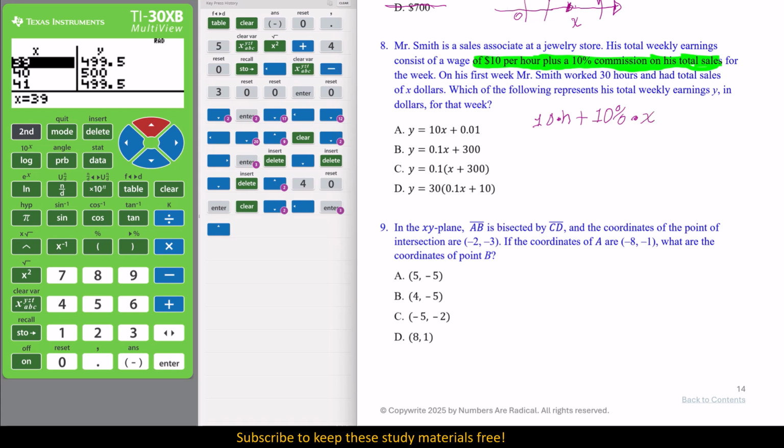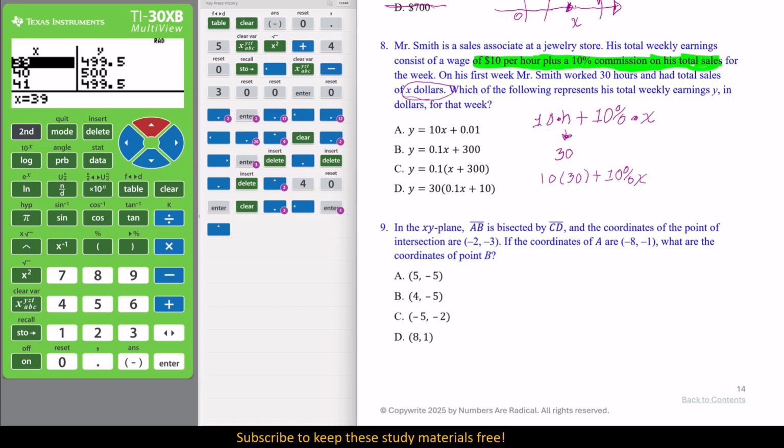They gave us how many hours he worked, so now we have something to look at. We have 10 times our 30 plus a 10% unknown x in dollars. And I got that right out of our reading.